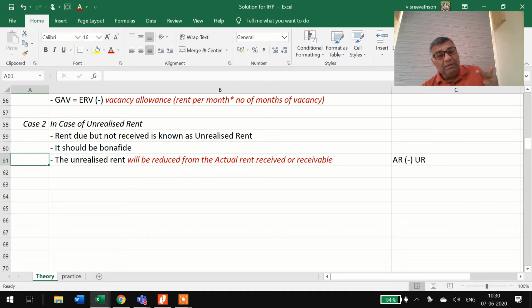Step 3, compare that answer with net actual rent, that is, after reducing. Whichever is higher will become either ERV or GAV. Minus vacancy allowance, minus municipal taxes paid. So the unrealized rent will not go into the steps. It will only reduce my actual rent received, because that rent is not going to be received. So the word actual rent is wrong there. Actual rent is only going to be after reducing the unrealized rent.